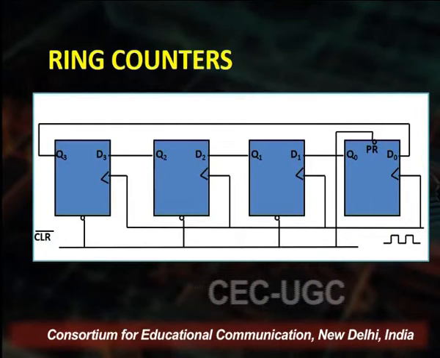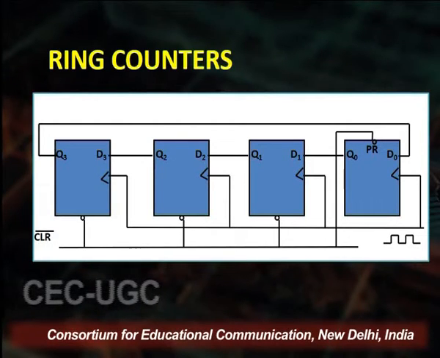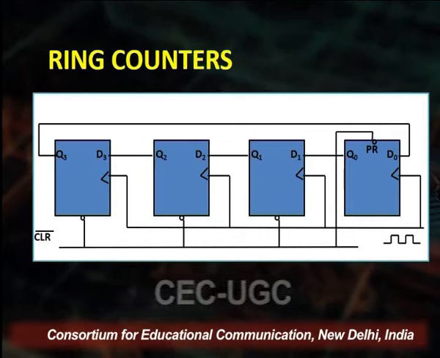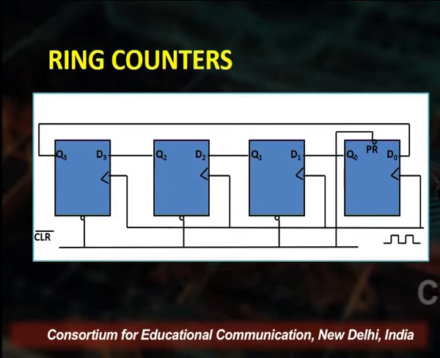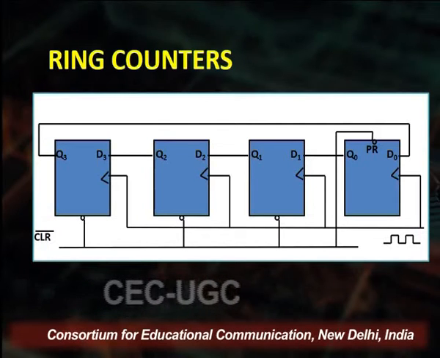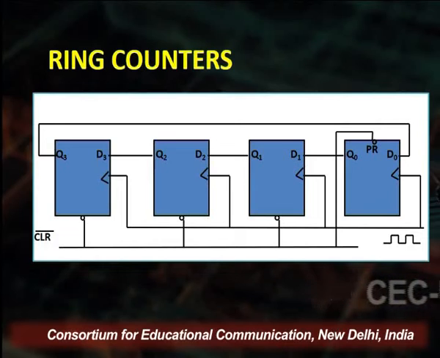So initially we clear out all the flip-flops by writing in 0, 0, 0, 0. Even for the LSB we write in 0, but for the other 3 flip-flops we clear the contents. So effectively Q3, Q2, Q1, Q0 goes 0, 0, 0, 0.